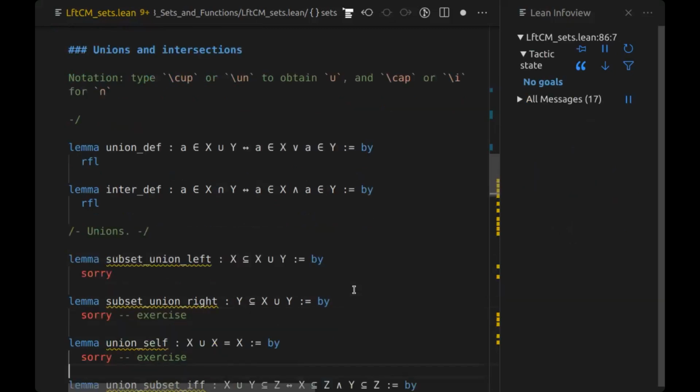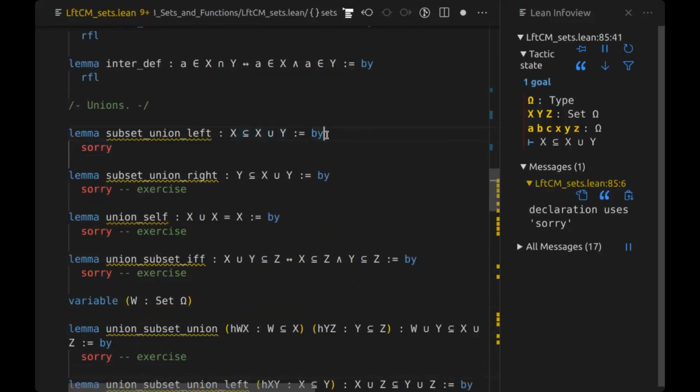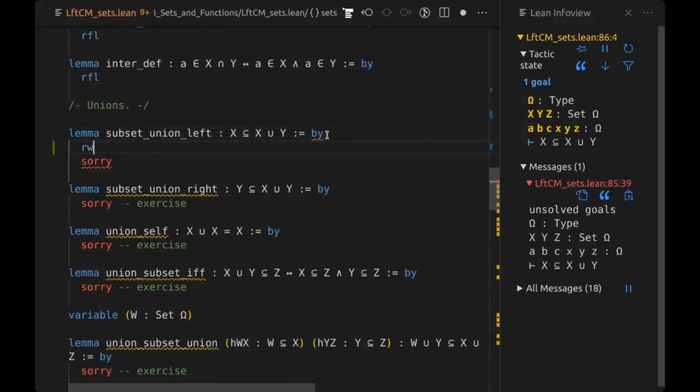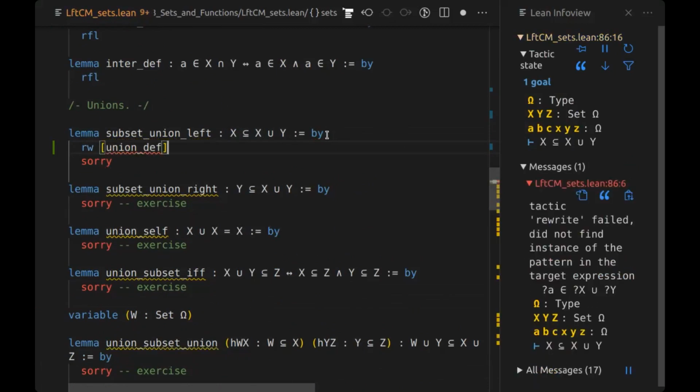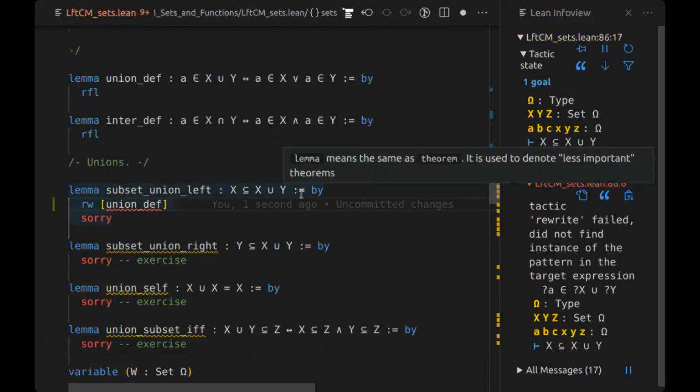So for example, I want to see that the set X is contained in the union of X and Y. For clarity, I'll start by rewriting the definition of union. What's going on here? Oh, sorry.